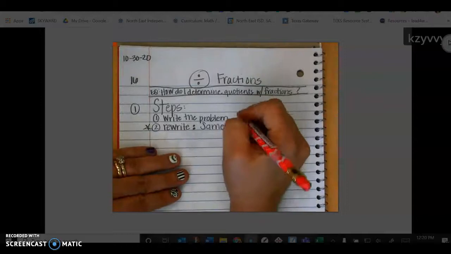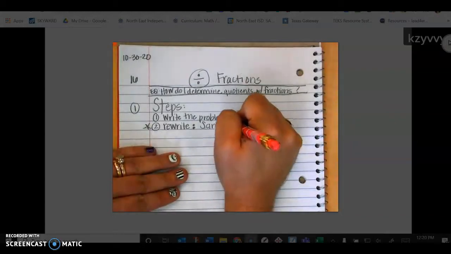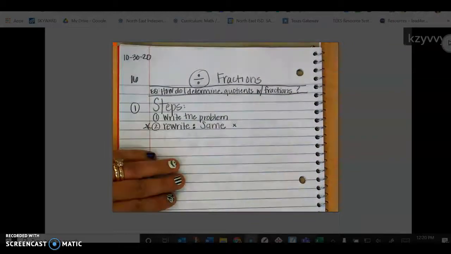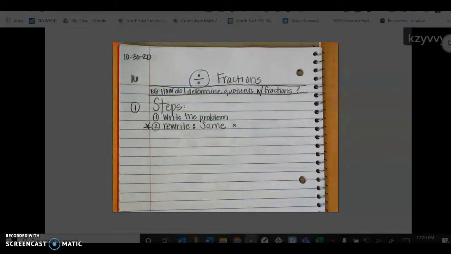Then you're going to change your division into a multiplication sign. I know, did you hear me? That's going to be weird. You're going to change your divisions into multiplication because there is no rule for dividing fractions. There's not a way. So I guess you could say there is a rule. They created this multiplication process for the division of fractions.